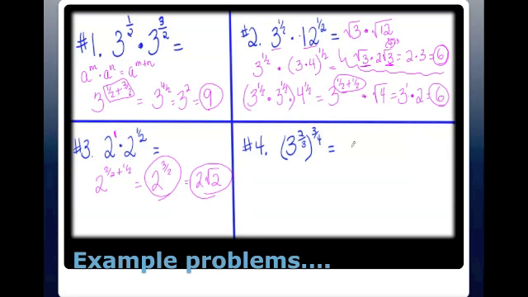Okay, number 4 uses the rule a to the m to the n, which means that when you have a power of a power, you multiply. For multiplication of fractions, you just multiply straight across. So that would be 3 to the 2/3 times 3/4. I can actually reduce this a little bit, and I end up with 3 to the 1/2, or square root 3.